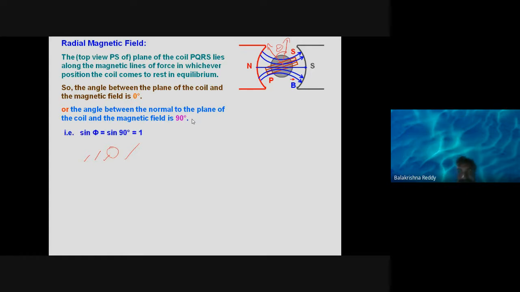Since sine 90 equals 1, the effect is maximum there. Therefore, I can write I equal to k by NAB into alpha. So this k by NAB I took as G. G as a constant here is called the galvanometer constant.